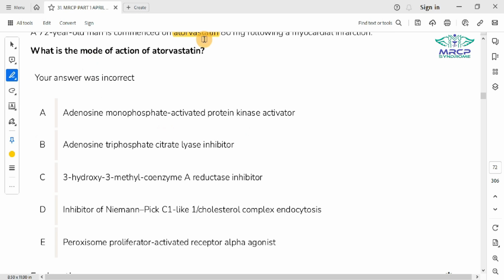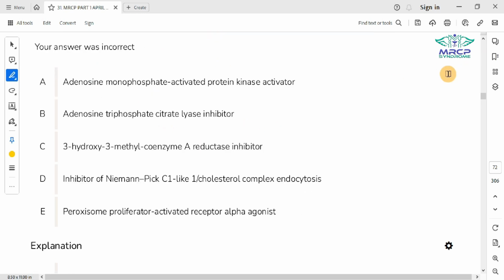So what is the mode of action of atorvastatin? It is a 3-hydroxy 3-methyl glutaryl coenzyme A reductase inhibitor, the HMG-CoA reductase inhibitor.